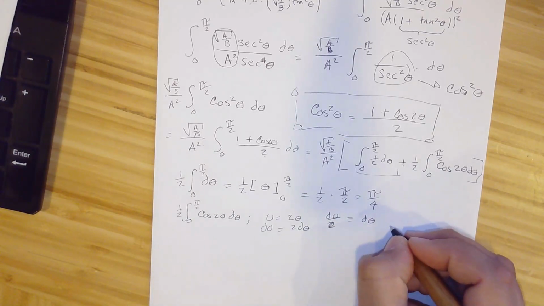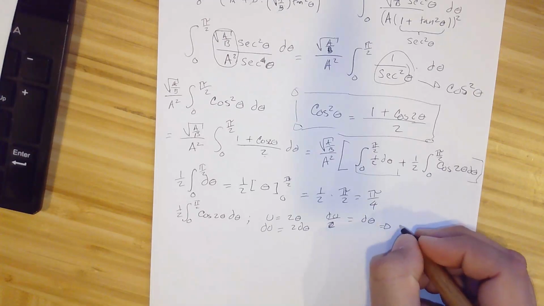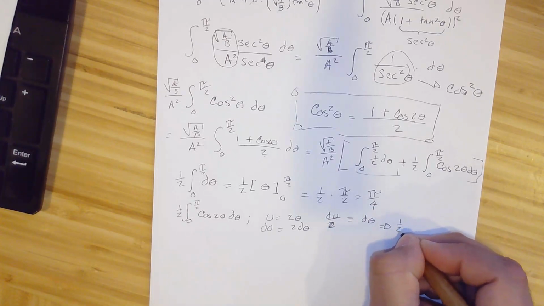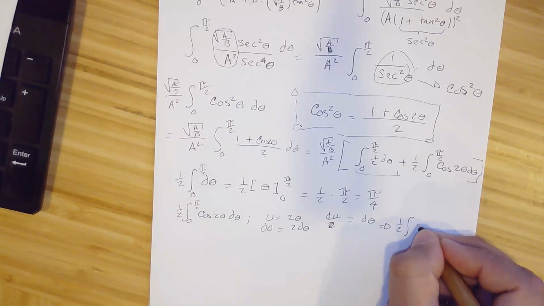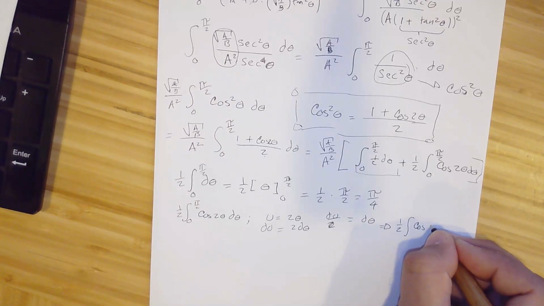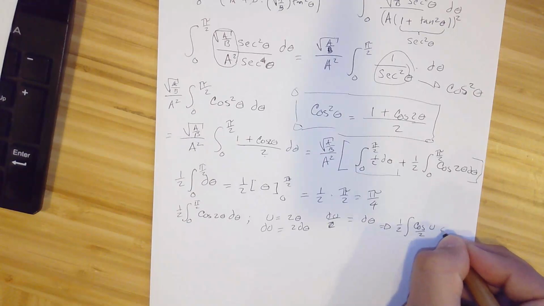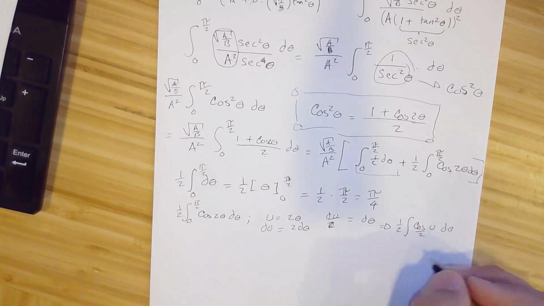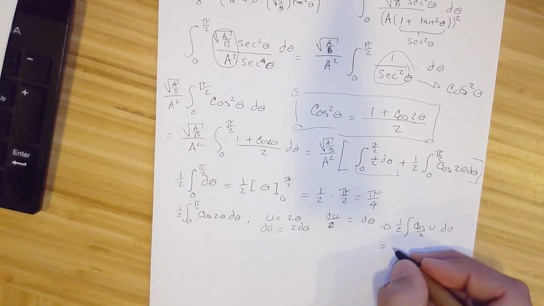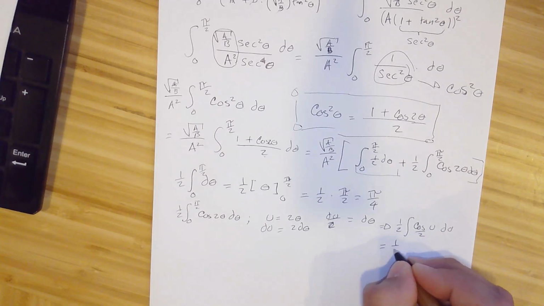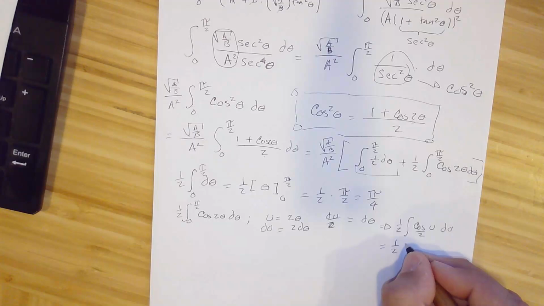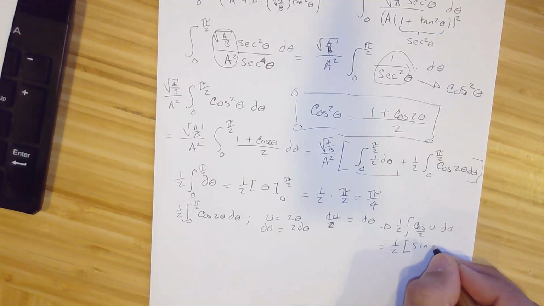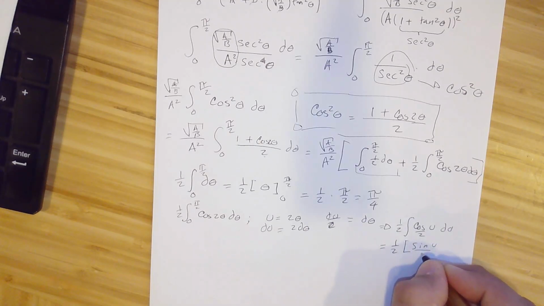And then I can say that I have 1/2 cosine of u over 2 by du, and this is equal to 1/2 multiplied by sine of u over 2, right?